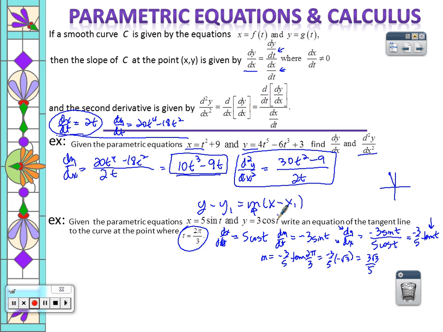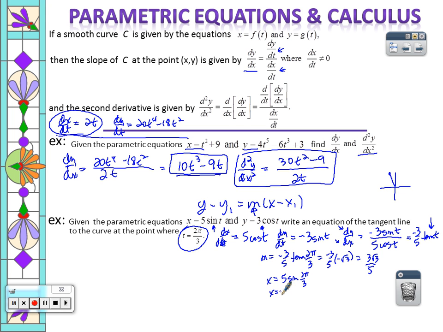So to find our x1, y1, when we have t's, we have x equations, y equations. So to get the actual x and y, what do you think we're going to have to do? We're going to have to sub the t value into our x and y equations. All right, so x equals 5 sine, and our t value is 2 pi over 3.